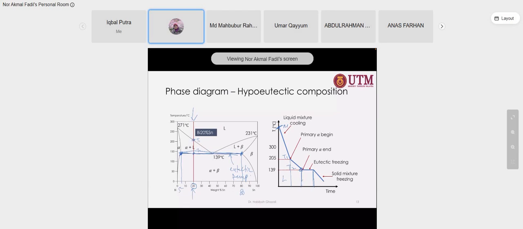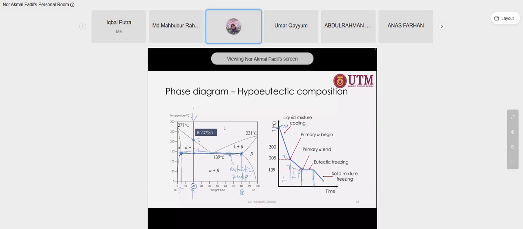All right. At temperature 1, from liquid it transforms into liquid plus, what is it? Liquid and what? Liquid plus alpha.